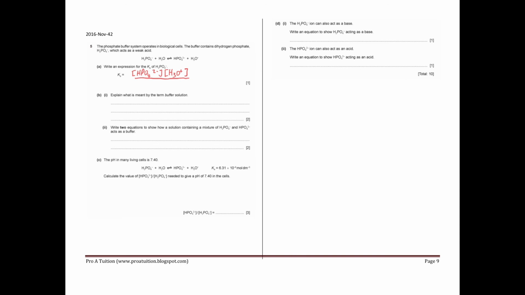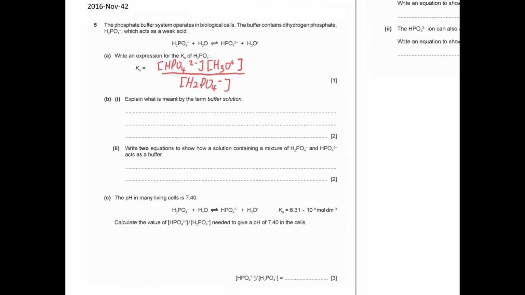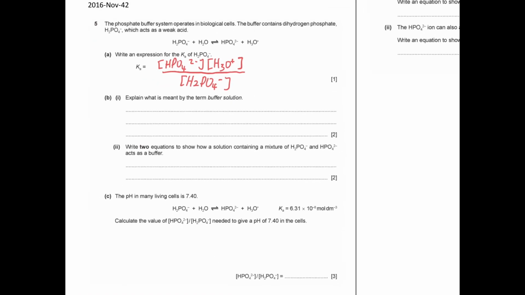We have two reactants here. We don't want water, we just want the other one. So we just put the other reactant at the bottom, H2PO4-. Okay, so this is the Ka.